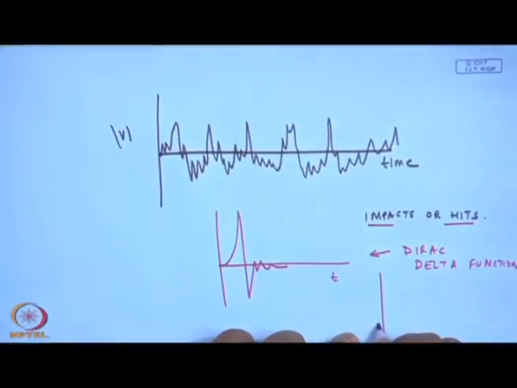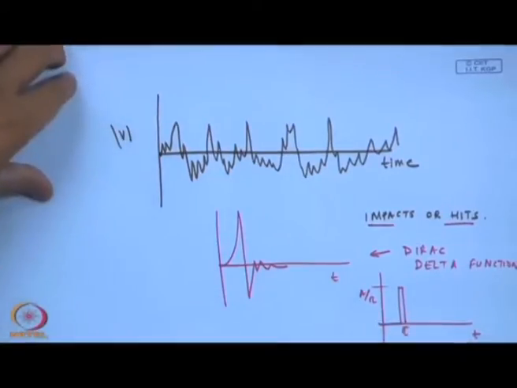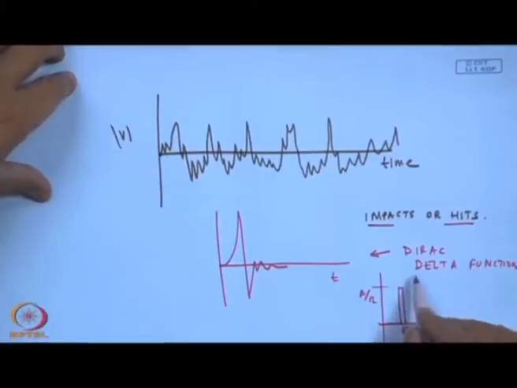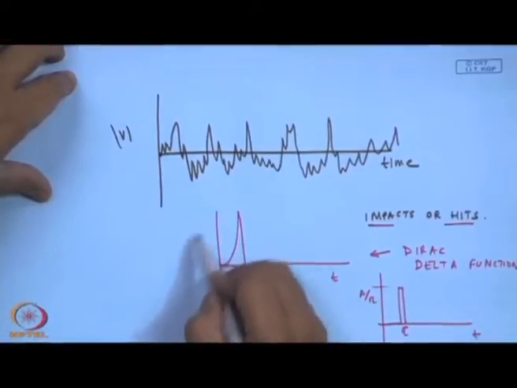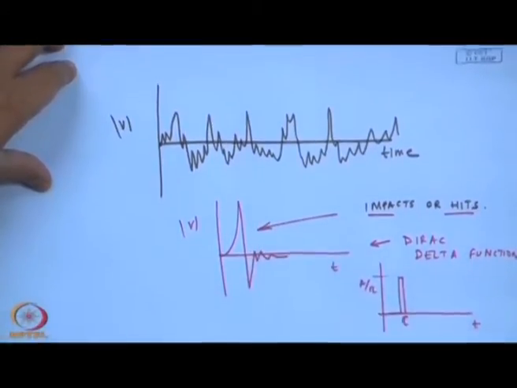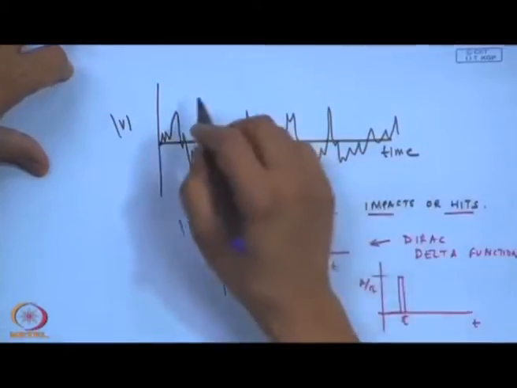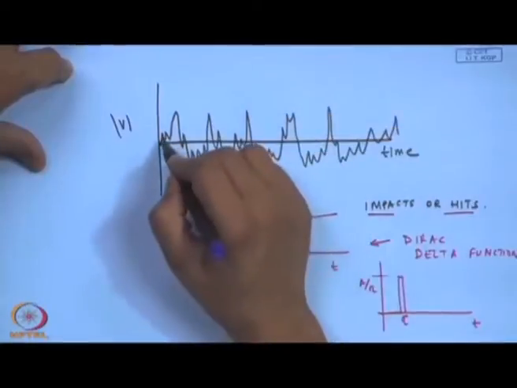It is something like this, time period tau, and maybe amplitude A by tau, and this exists only for a short duration of time. This is the mathematical representation of an impact, but this is what the real world signal looks like because of an impact. Imagine such impacts occurring on the time signal because of a looseness. So, these amplitudes would blow up.